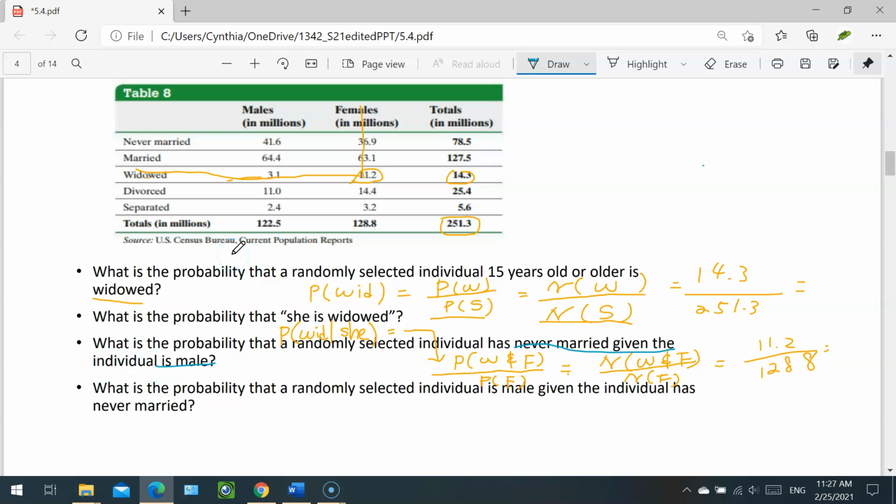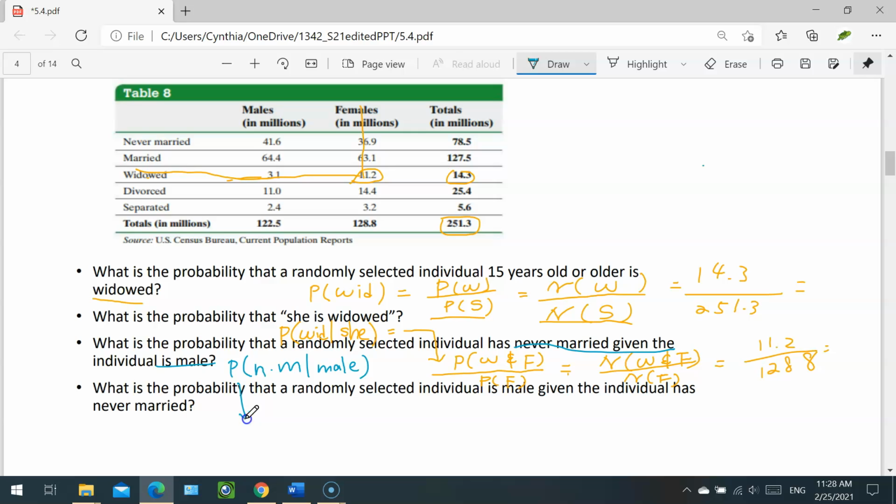This is another conditional probability: given a male, right? So never married. They are looking for the probability of that group being never married, but the criterion must be male. So they are looking for the male who never married.